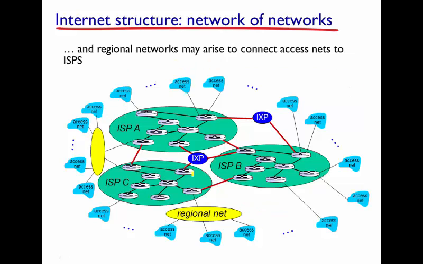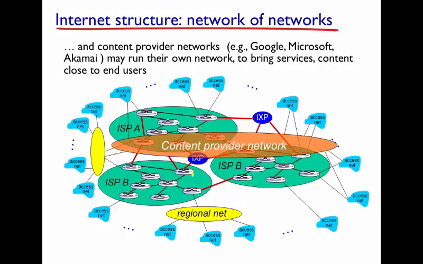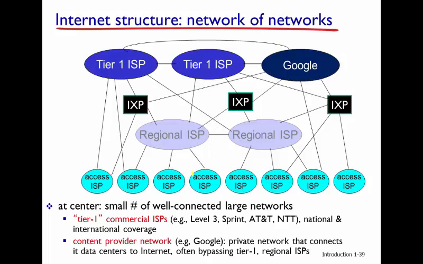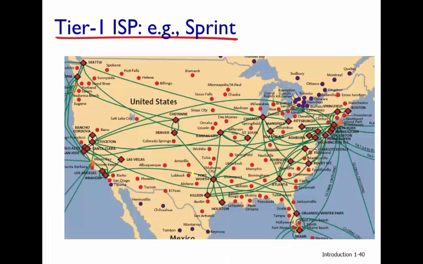So we call that a regional network, and Internet Service Provider groups A, B, and C, and interchangeable protocols are applied. So we call that a content provider network. Or that can be thought of in this way, hierarchically: regional ISP, and then tier 1 and above. And entirely, if we see the network connections, it looks like this.